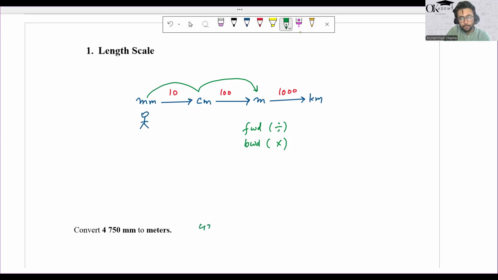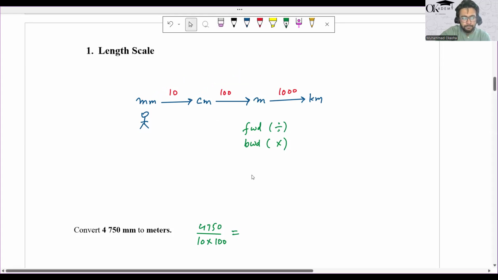I'll take 4,750, and because I'm going forward, I'll divide it by 10 and 100 since I'm taking 2 jumps. So 4,750 is being divided by both of these numbers. You can work it out by using a calculator.